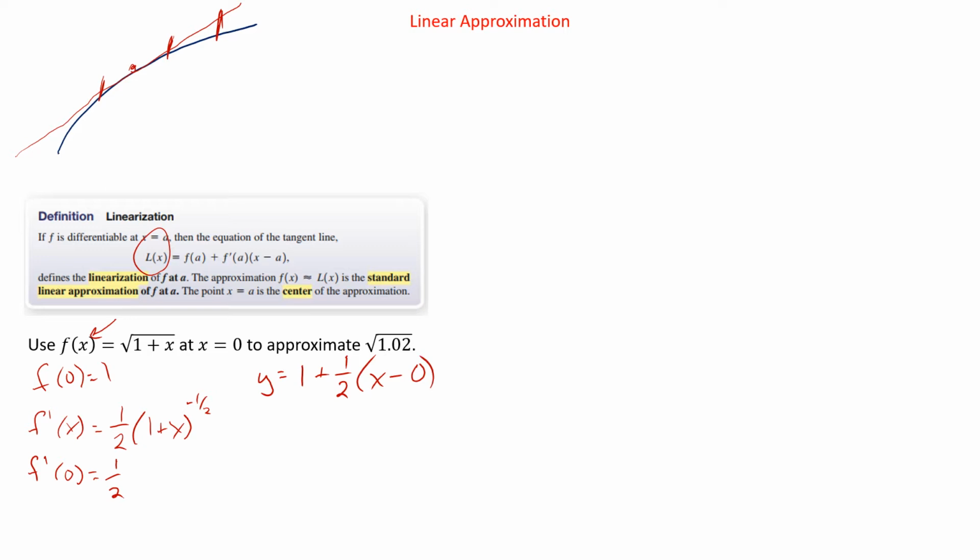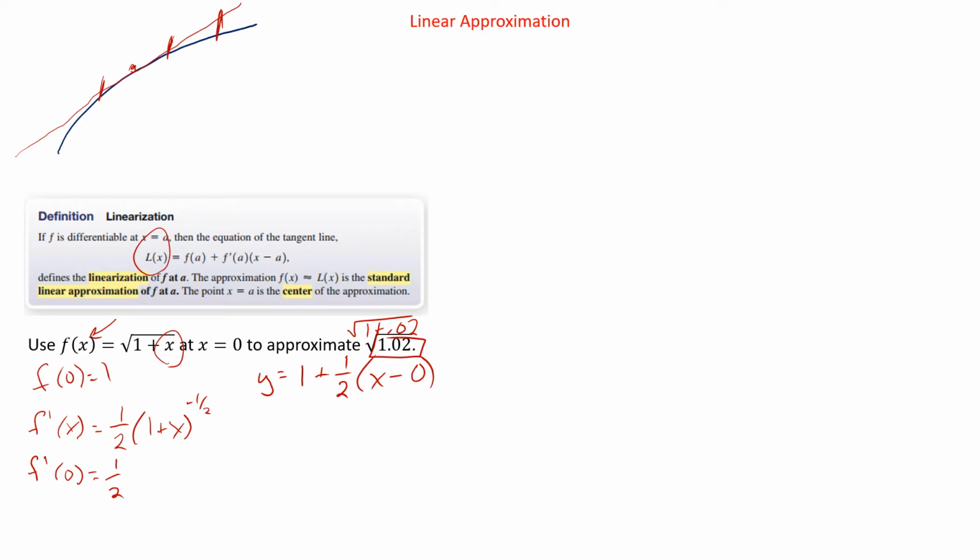Now, that's our line. If we want to approximate, this could be written as the square root of 1 plus 0.02. So x becomes 0.02, because that's where that is.